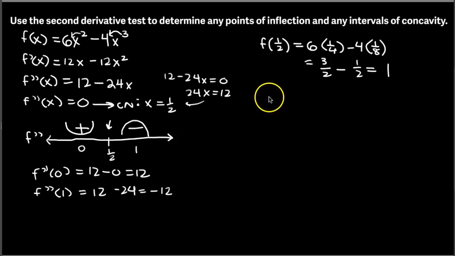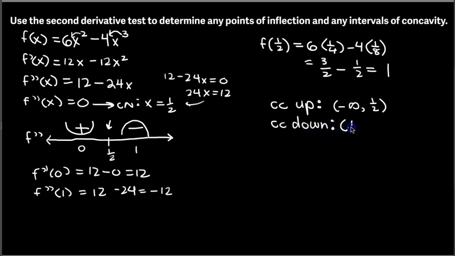We can say that the graph of f of x is concave up, and I'm just writing CC up because it's shorter to write. It's concave up on the interval negative infinity to 1/2. Why? Because f double prime of x is positive from negative infinity to 1/2. And f of x is concave down on the interval 1/2 to infinity.